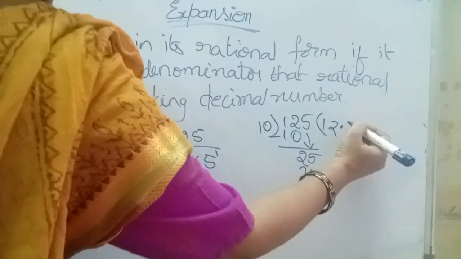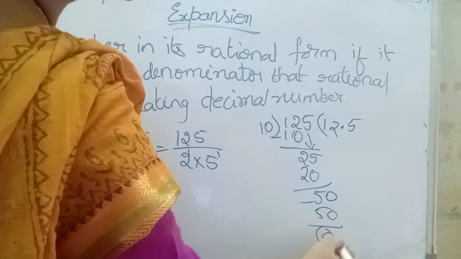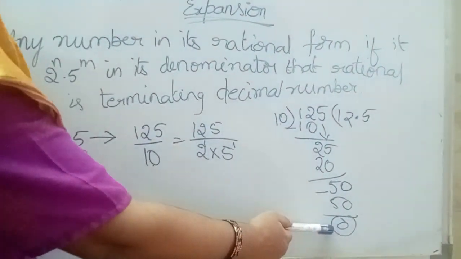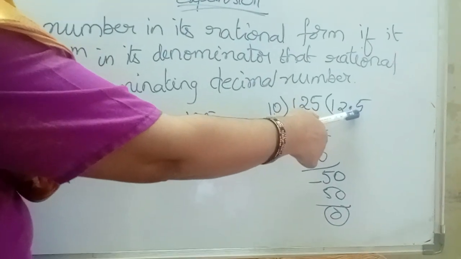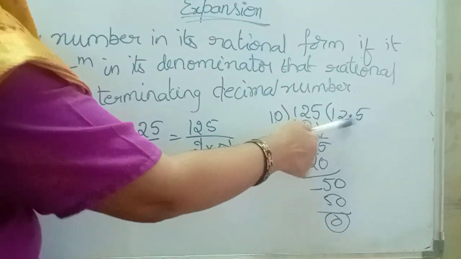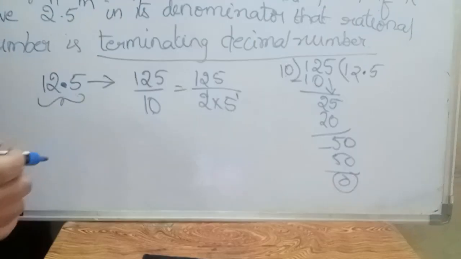Next, take 5 as 50. That is 0. Got it? We got 0 as remainder at some particular point. So, we call this type of decimal numbers terminating decimal numbers.